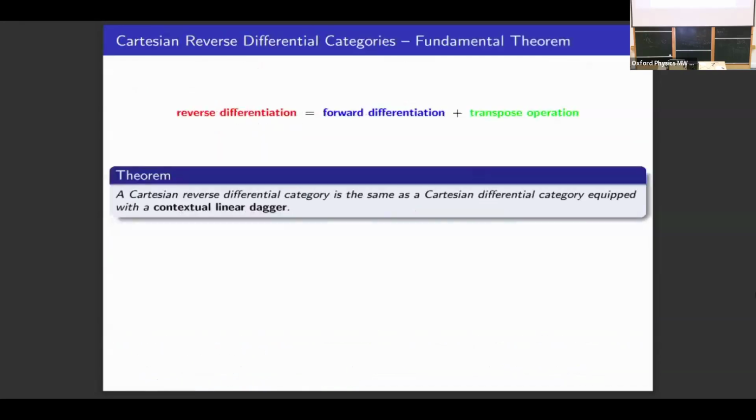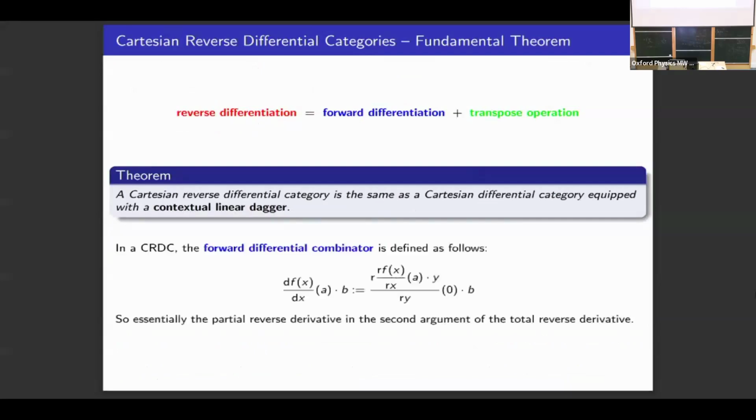So now that I have partial reverse derivatives, it allows me to get closer to telling you guys what the transpose operation is. But first, I want to tell you how to go from reverse differentiation to forward differentiation.